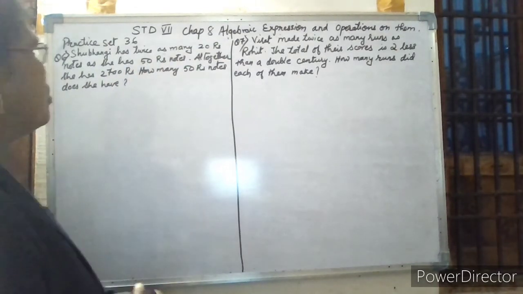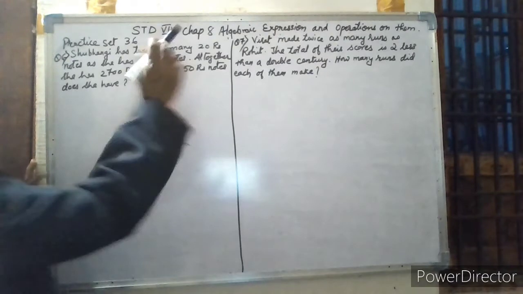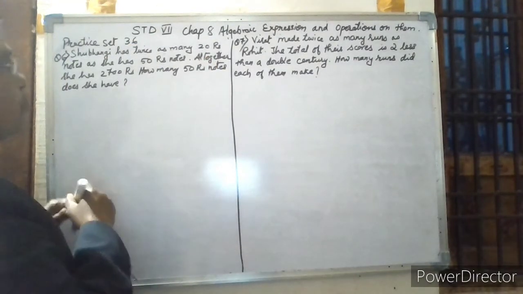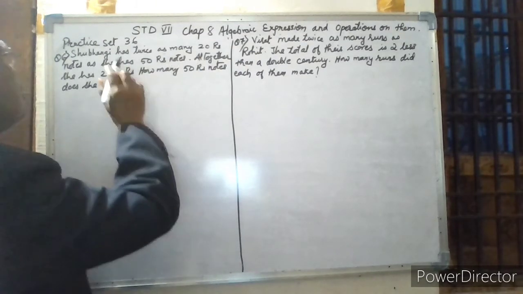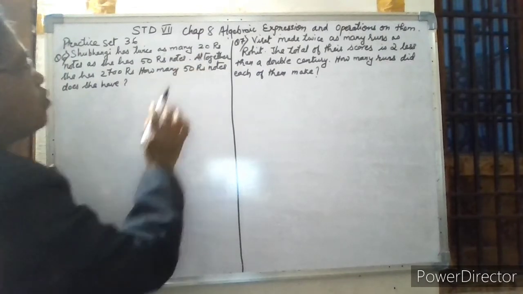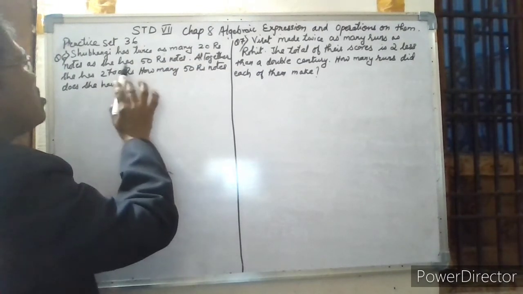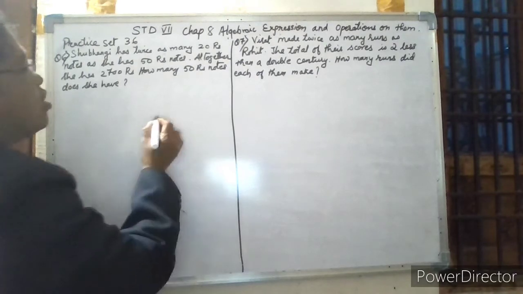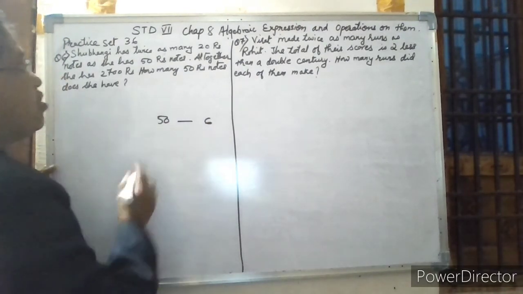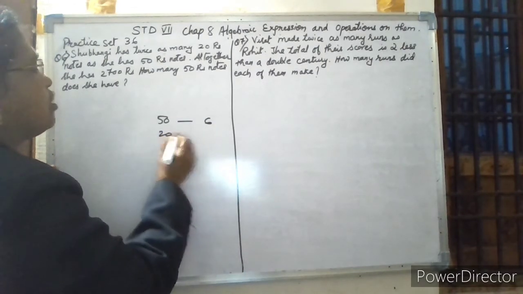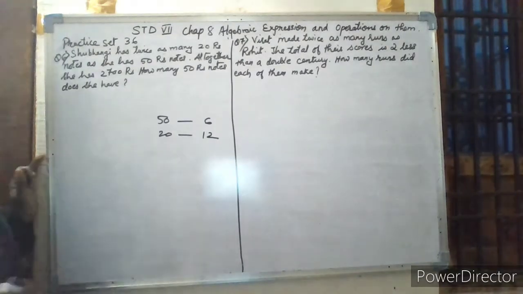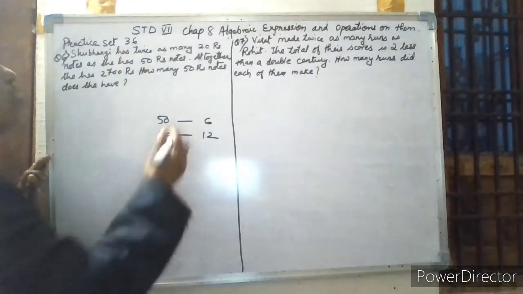Suppose she is having 6 notes of 50 rupees, double of it, then she is having 12 notes of 20 rupees.